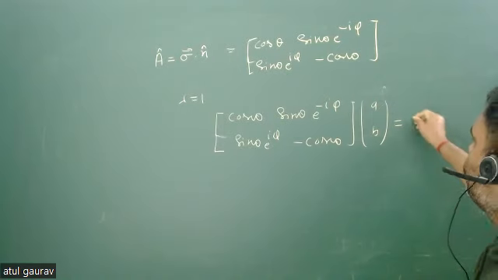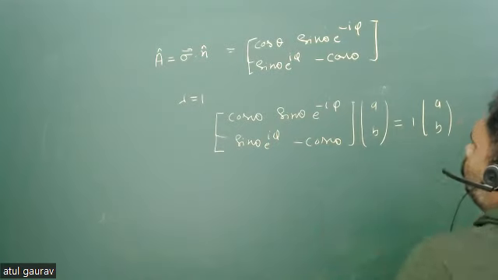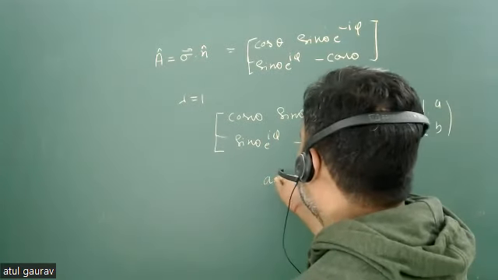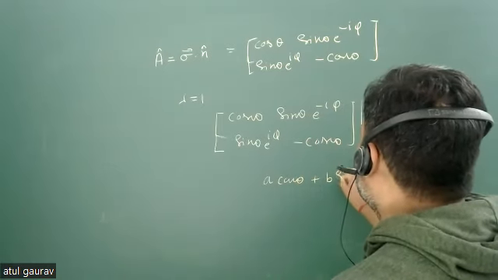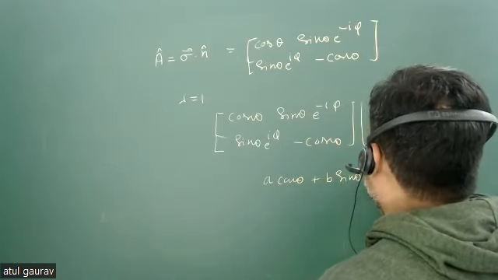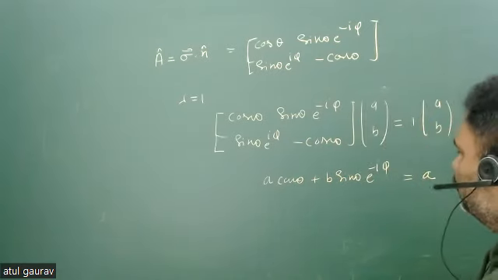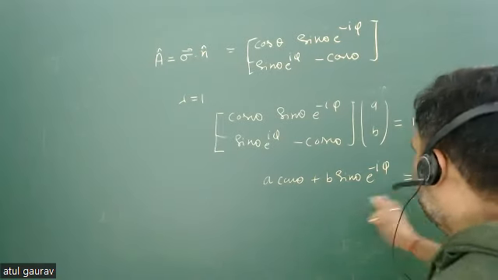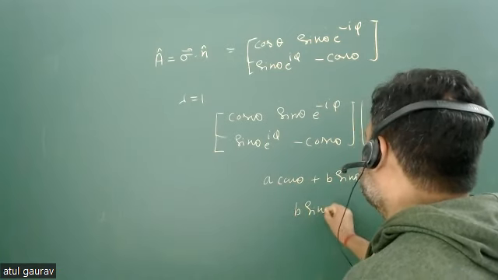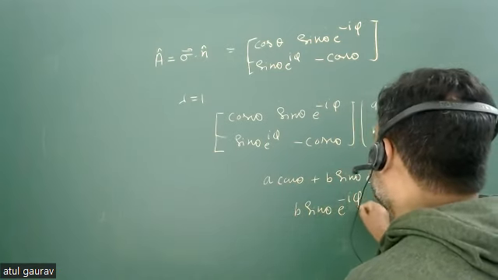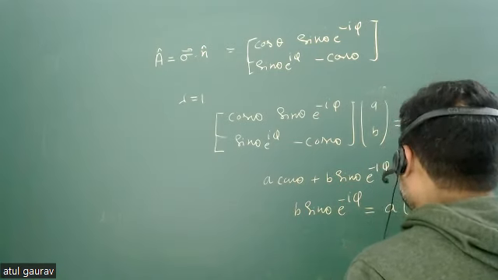And this is equal to 1 times A and B. When you multiply this, you have A cos theta plus B sin theta e to the power -i phi is equal to A. Can you write this? And you can take A together. So you have B sin theta e to the power -i phi is equal to A times 1 minus cos theta.